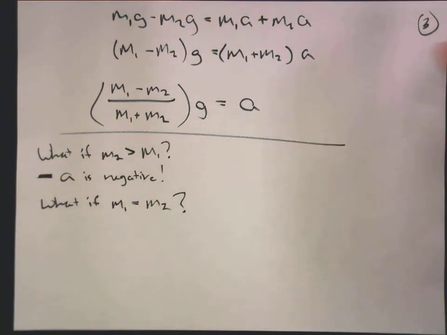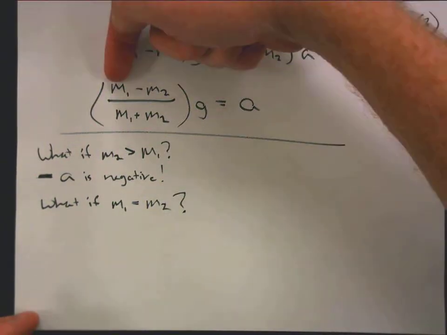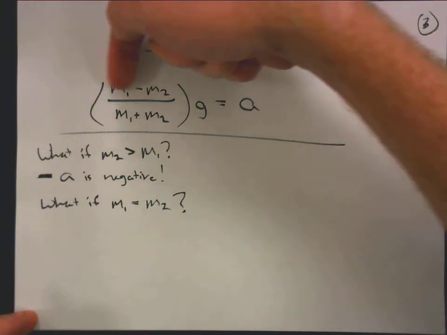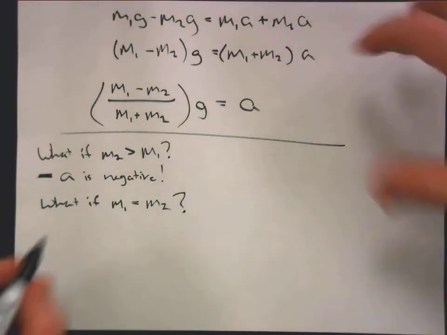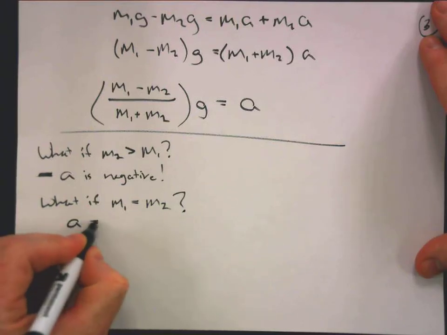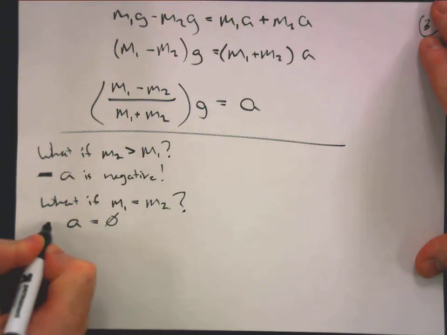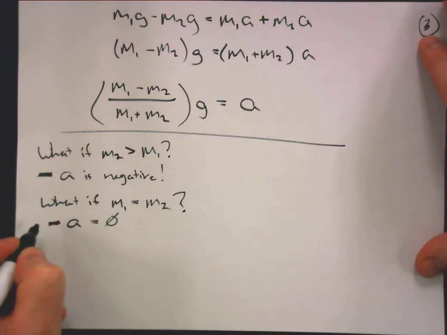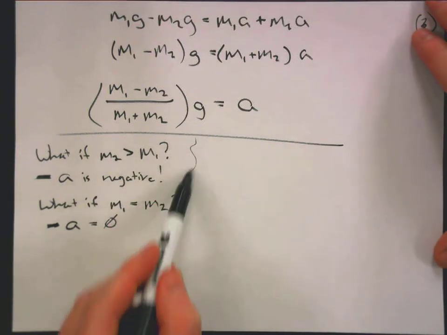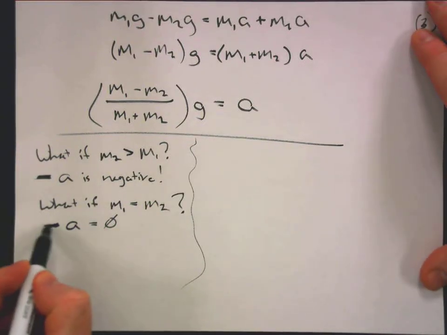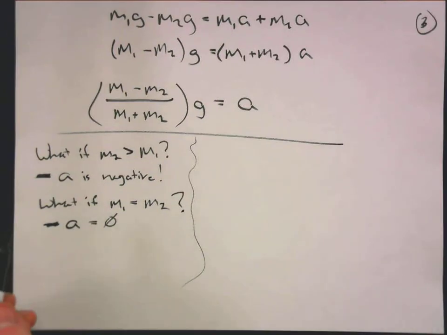What then? Well, okay, M1 equals M2. You get a 0. And anything times 0 is a 0. So then acceleration is 0. There is no acceleration. The system will sit there because everything is balanced out. Okay, so those are some interesting questions to ask. Not too hard to reason out those answers.